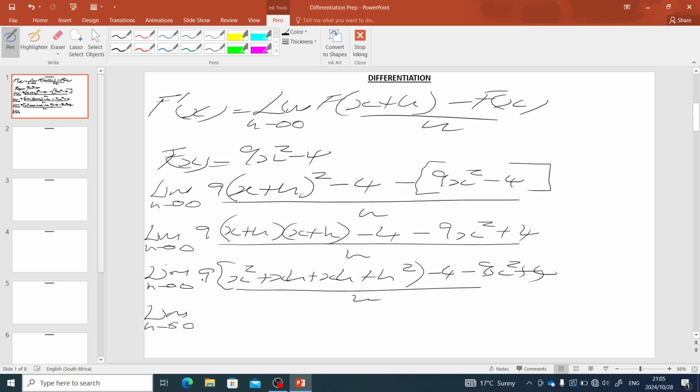That means when we multiply and remove the bracket, multiplying by 9, we will have 9x squared. Now xh plus xh, it will give us 2xh. Multiplied by 9, it will be plus 18x multiplied by h.